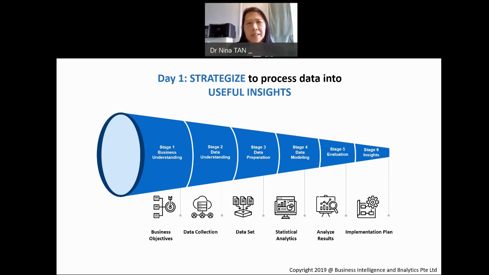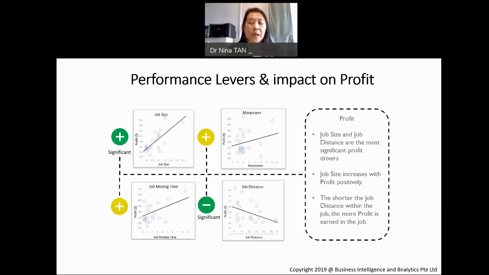And it wasn't necessary to increase their headcount in the first instance, because if you do that, you don't resolve the fundamental problem. The fundamental problem, with insights from the data, was the way you schedule your people, the way you pack your trucks, the size of your trucks, and the routes.